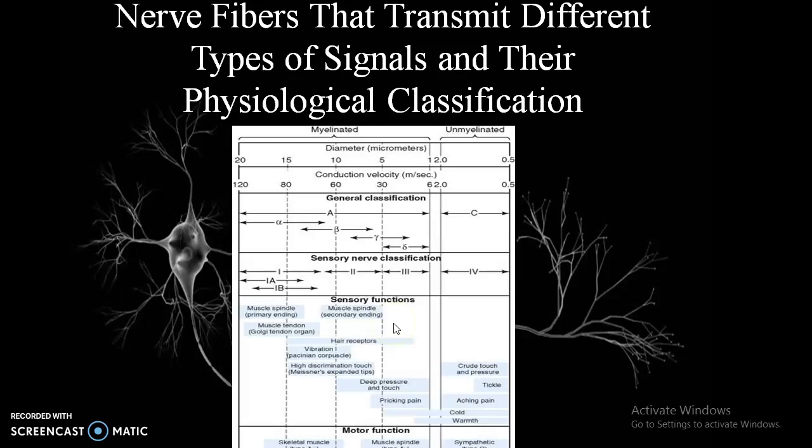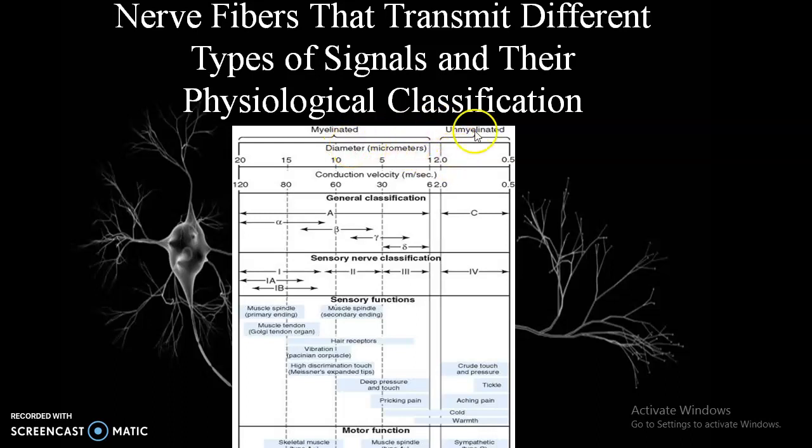As per the general classification, the fibers are divided into two types, A and C. Now A is further subdivided into alpha, beta, gamma and delta. A fibers are myelinated; they are typically large and medium sized.